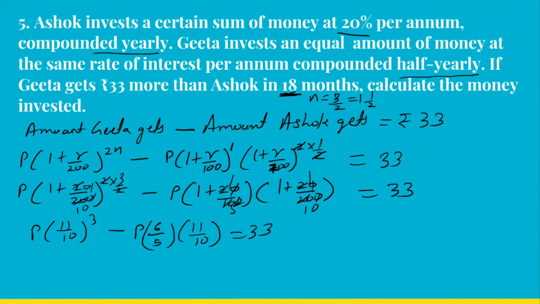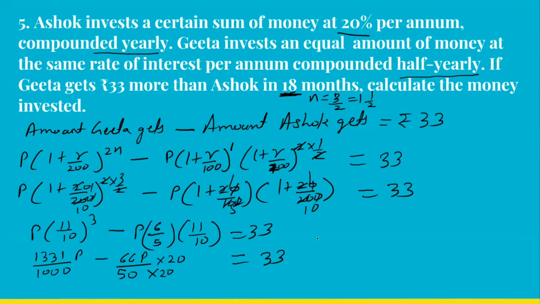Okay, so 11 cube is 1331, and 10 cube is 1000. So 1331 P upon 1000 minus 11 into 6 is 66 P upon 5 into 10 is 50, which is equal to 33. Take the LCM here. So to have the denominator 1000 here, I'll have to multiply by 20.